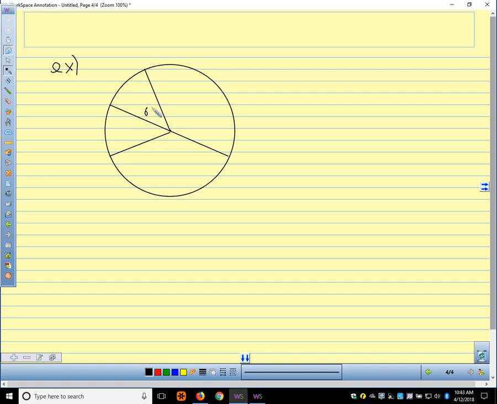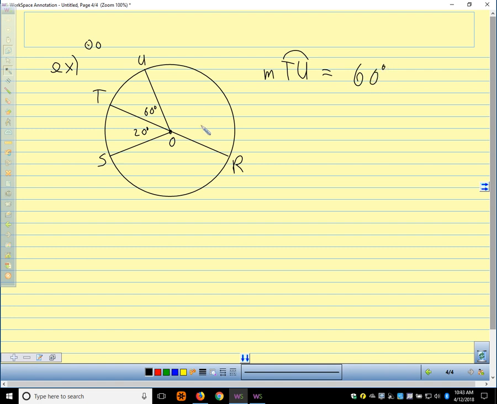I'm going to say this angle is 60 degrees, this angle is 20 degrees, center is O, this point's R, T, U, and S. So the measure of arc TU, and the little m means measure. And this is circle O. What is it? 60 degrees. We just look at the central angle there. So the measure of arc TU is 60 degrees.